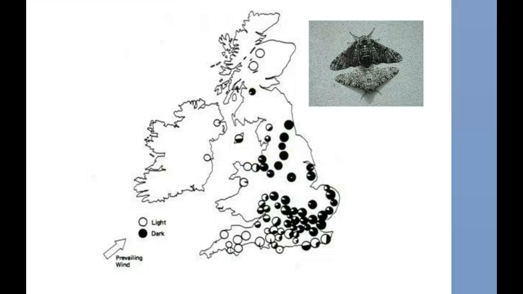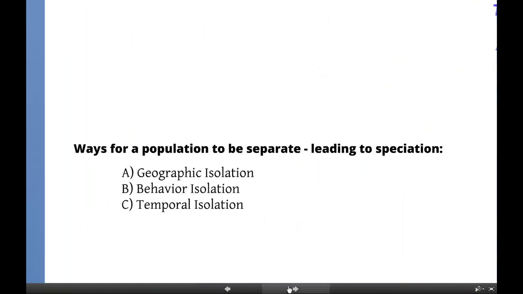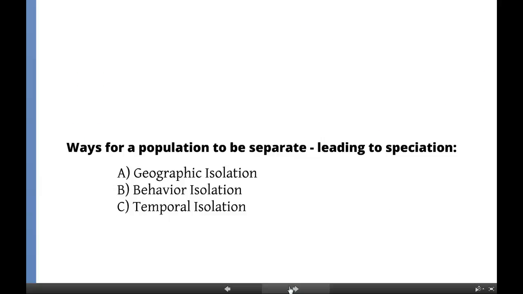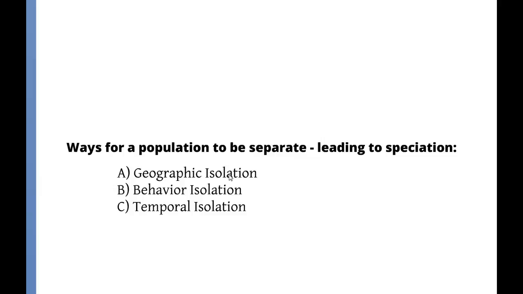It needs to be in a different environment, driven in a different direction by the environment. So there are ways for populations to separate that lead to speciation. First, geographic isolation, by physically being in different places. Imagine a population of squirrels in the Grand Canyon, where the Colorado River came through a long time ago and separated squirrel populations on either side of the river.